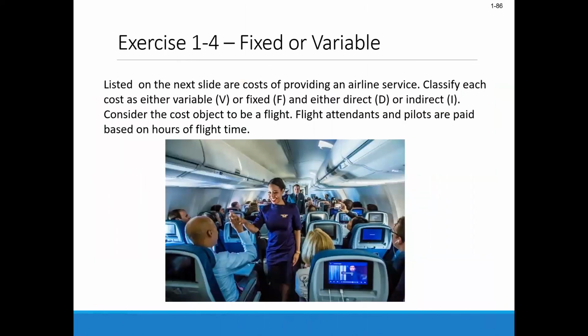Okay. Listed on the next slide are costs of providing an airline service. Classify the cost as either variable or fixed, direct or indirect. Consider the cost object to be the flight. Flight attendants and pilots are paid based on hours of flight time.